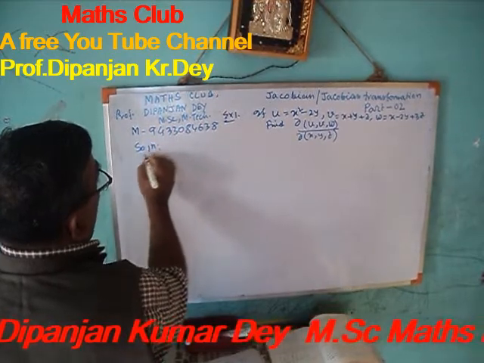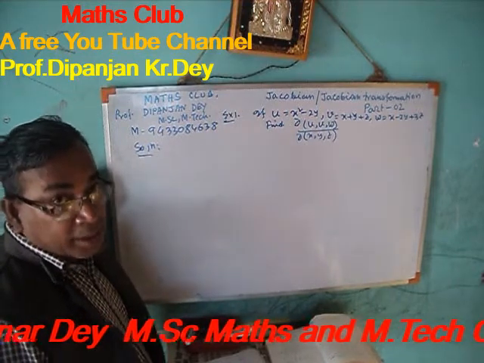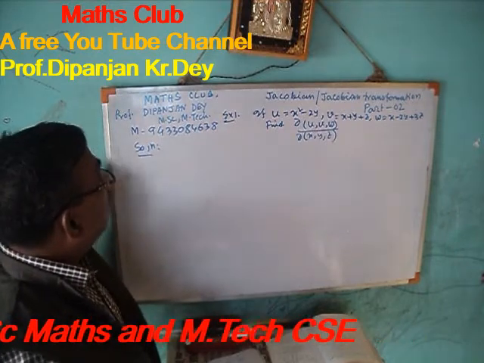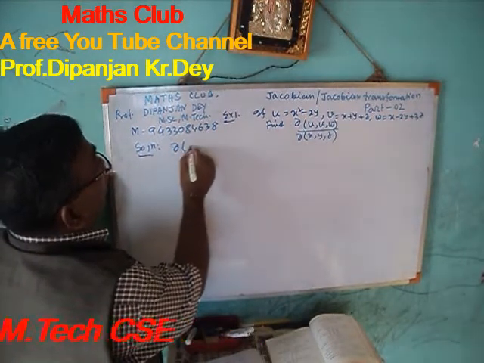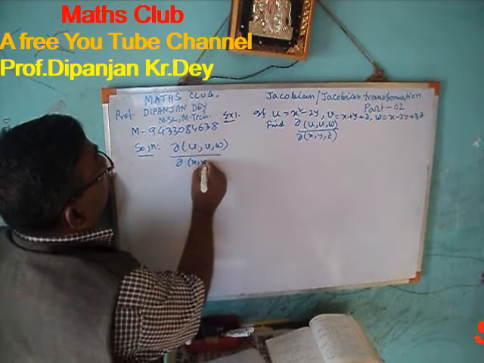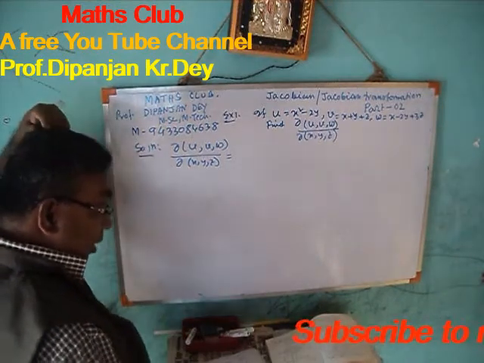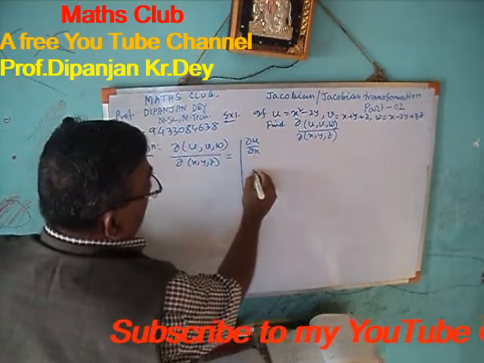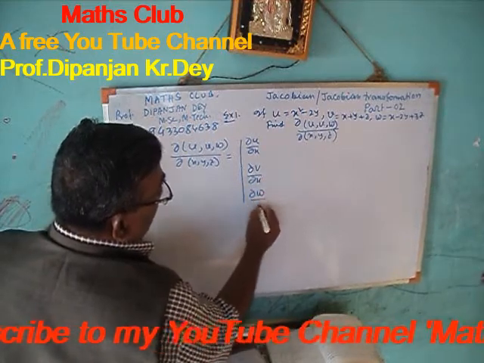According to the definition of Jacobian, which I have already discussed in my previous video, Jacobian part 1, this is the second video. According to the definition, del(u,v,w) by del(x,y,z) is equal to the determinant with first row del u del x, del v del x, del w del x.